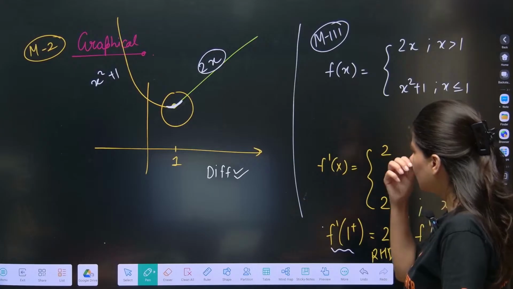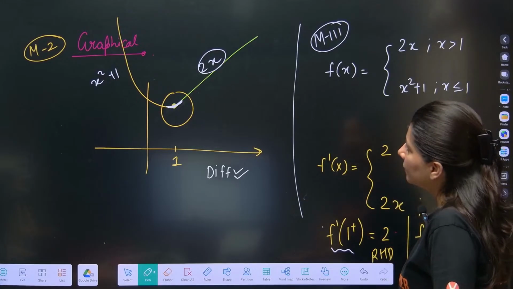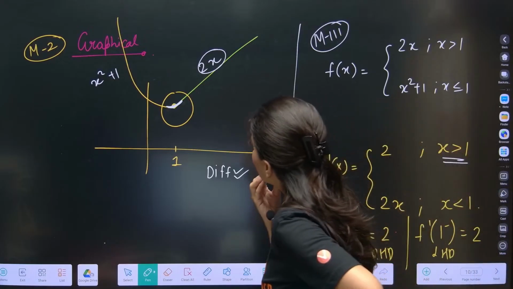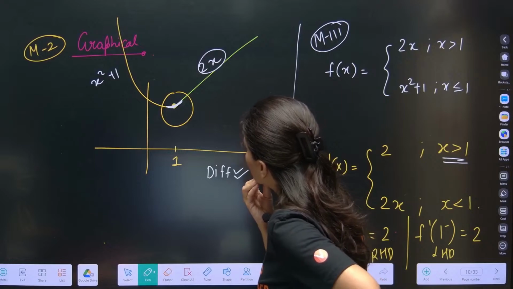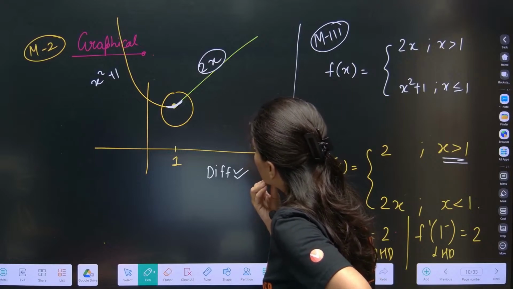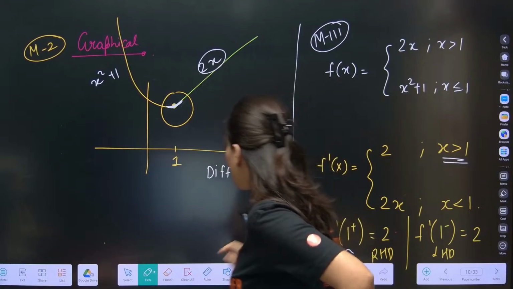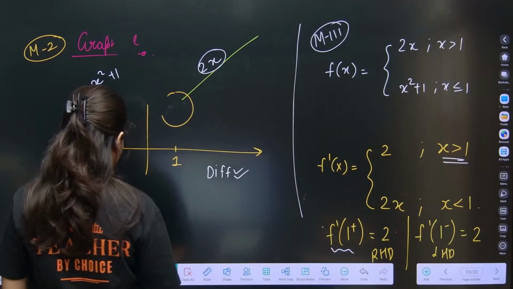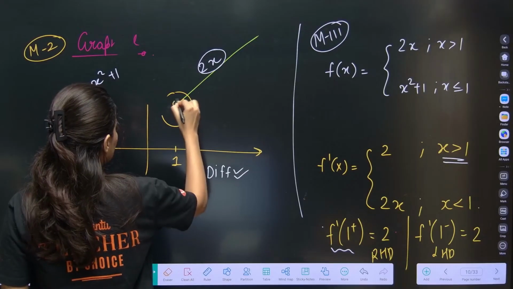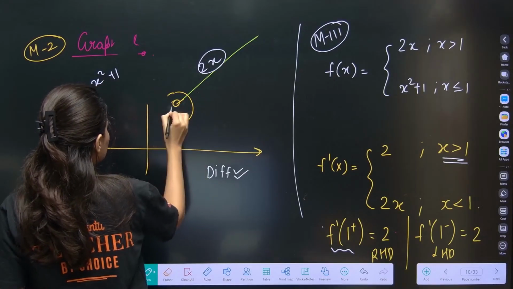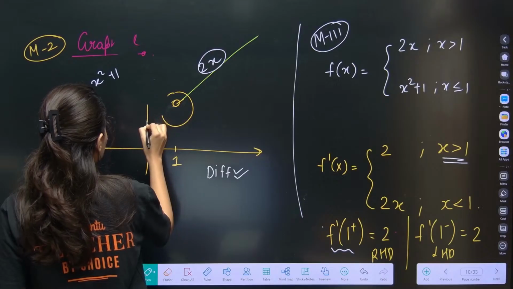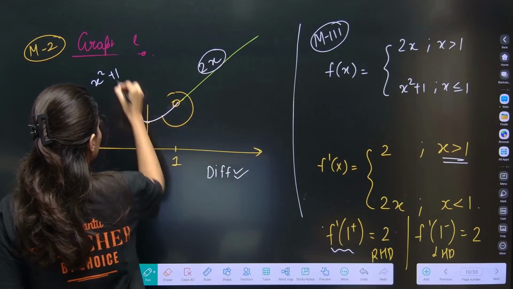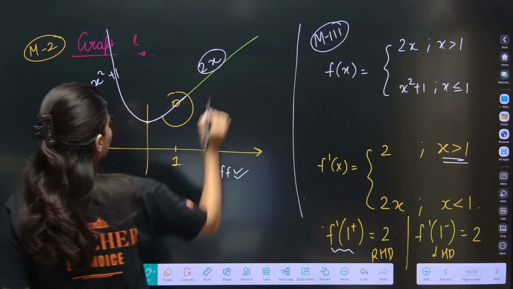Have I done anything wrong in this? Yes, the graph is slightly incorrect. This is the graph and this is the graph. This is x square plus 1.